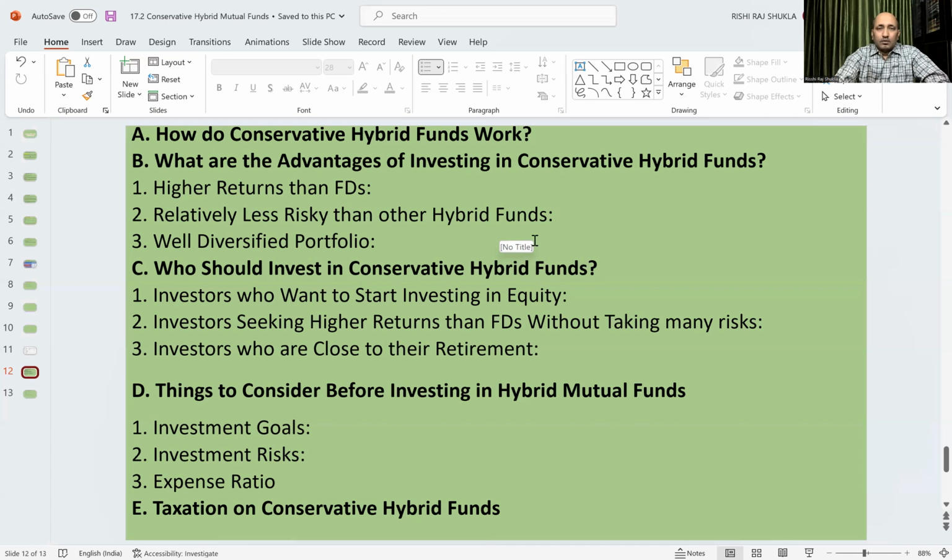But having said so, comparatively with respect to equities, debt funds have very less risk, and we can expect return as per our aim, as per our goal in which fund we are investing.